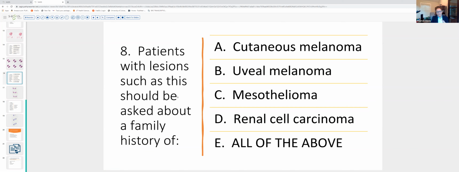So I would definitely review the BAP1 lesions and the BAP1 tumor predisposition syndrome, because I can almost guarantee you on the applied exam, you're going to get some questions about this particular entity. It's kind of a hot topic.